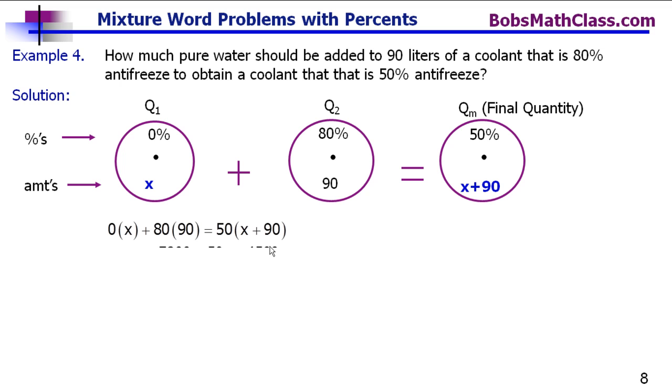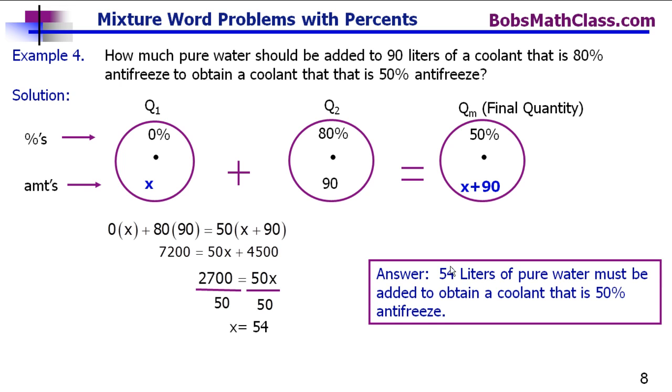Distribute on this side. Bring the 4,500 over, so you get 2,700. Then divide by 50, and x is equal to 54. So our answer is 54 liters of pure water must be added to obtain a coolant that's 50% antifreeze.